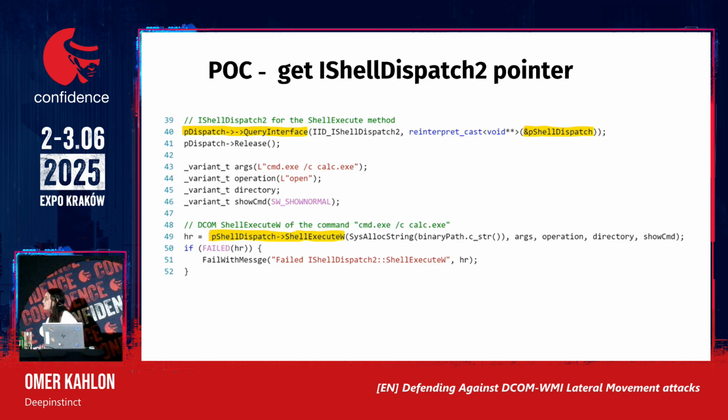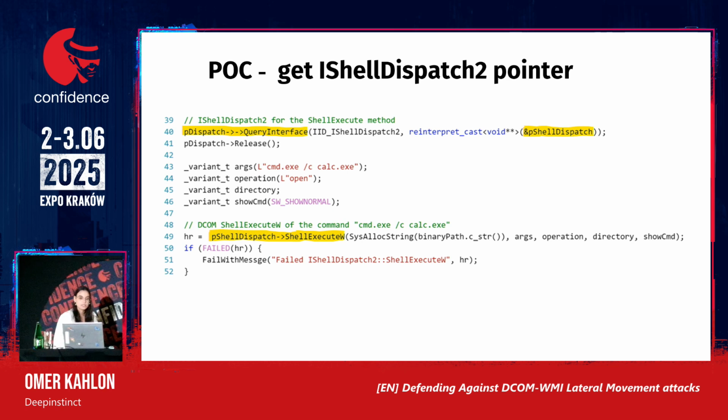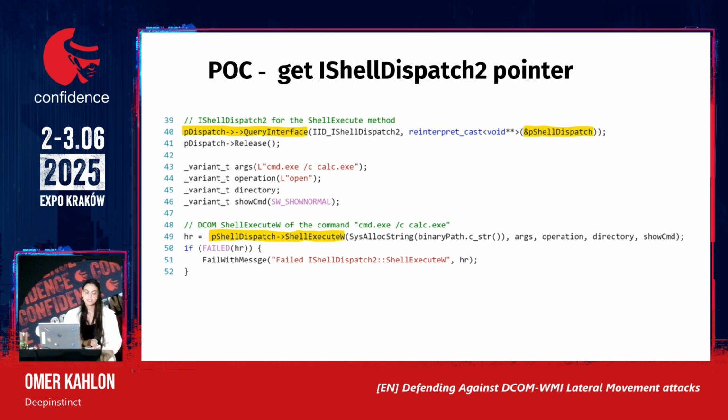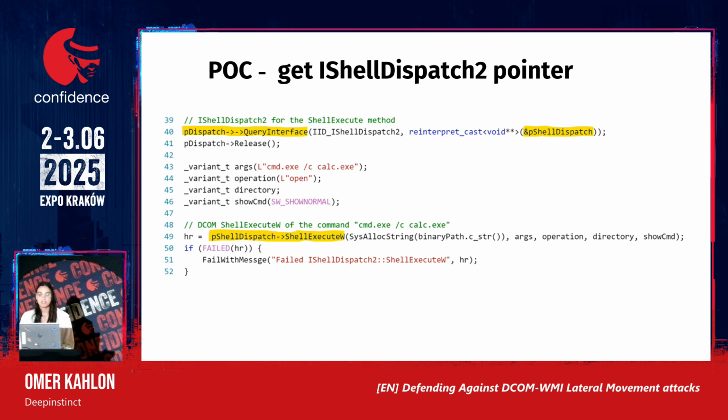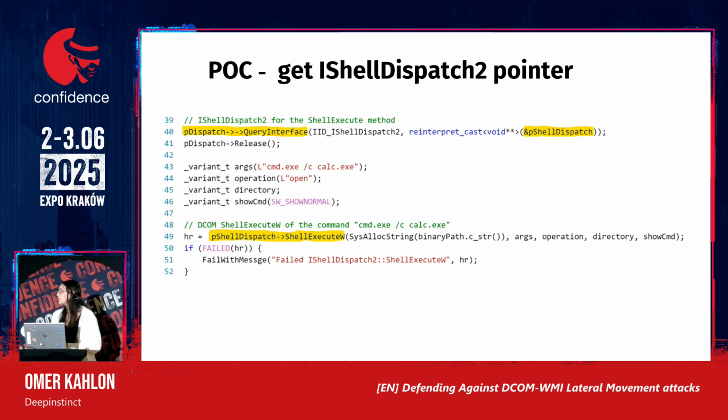The full implementation is a bit longer than the PowerShell script, but here you can see the main point. And the main point is we can get a handle to IShellDispatch2, and we want to use it in order to find a pointer to ShellExecute and look at the code it points to.